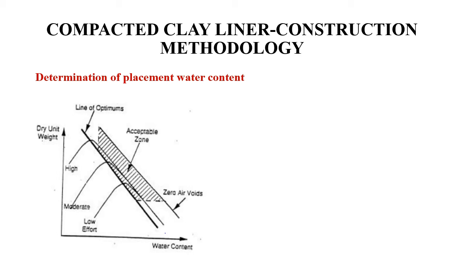At that ideal water content, your clay material will have the lowest hydraulic conductivity. This is the reason why we do this series of Proctor tests and find out the placement water content on the wet side of optimum by adopting this method. The placement water content for getting the lowest hydraulic conductivity for the clay material will lie between this 100% saturation line and the line of optimum.